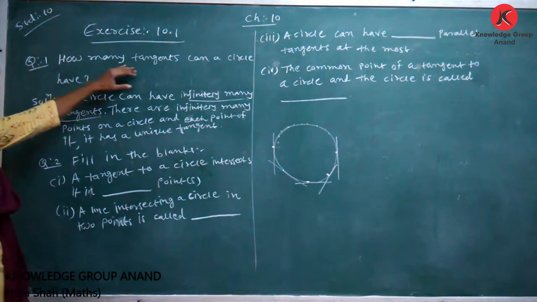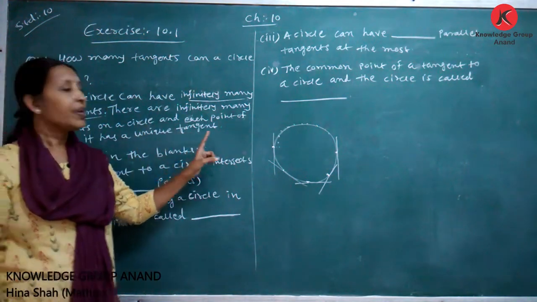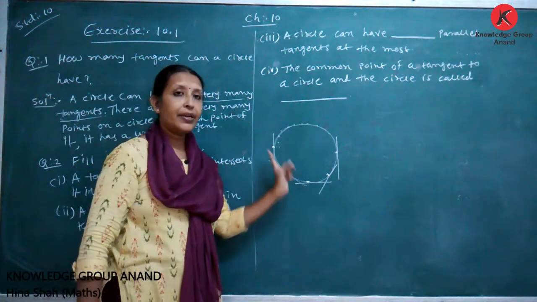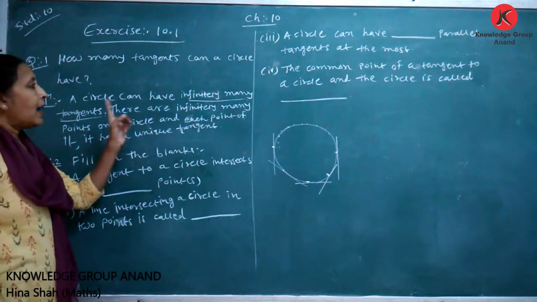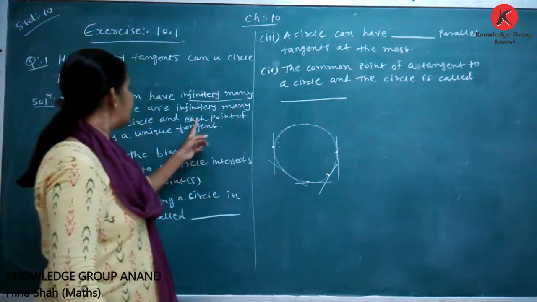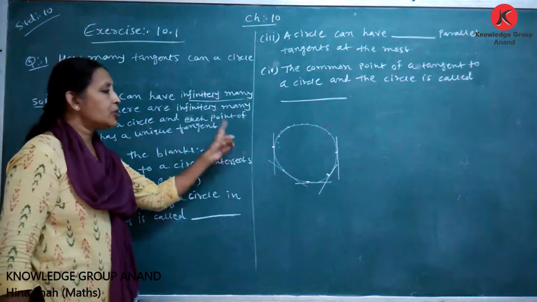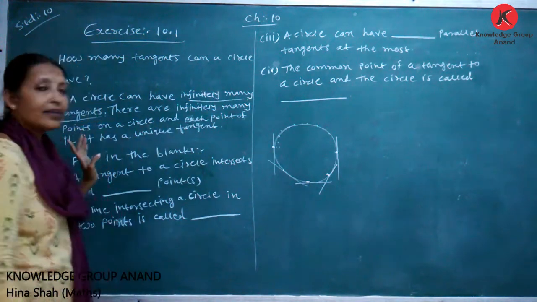Then the question, how many tangents can a circle have? A circle has infinitely many tangents. There are infinitely many points on the circle, and each point of it has a unique tangent.